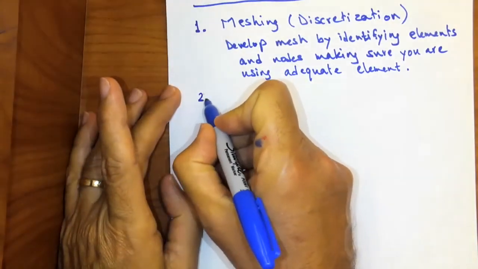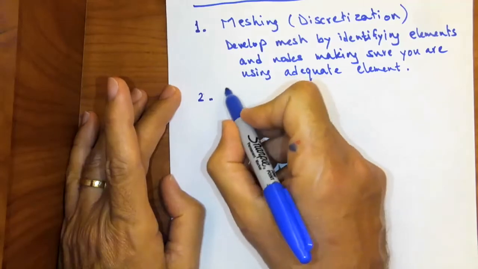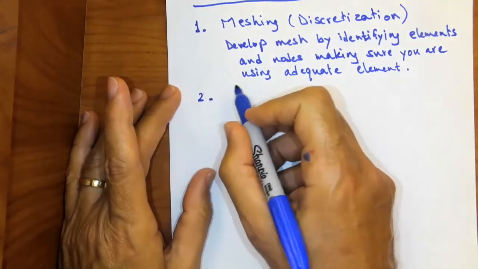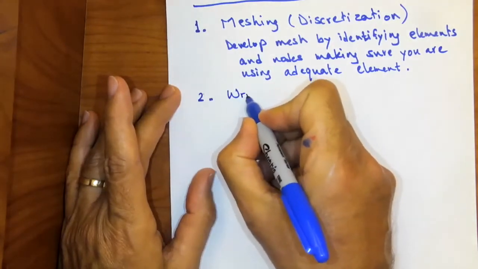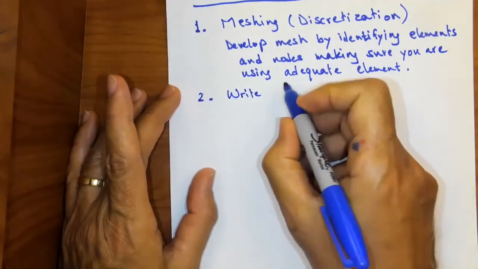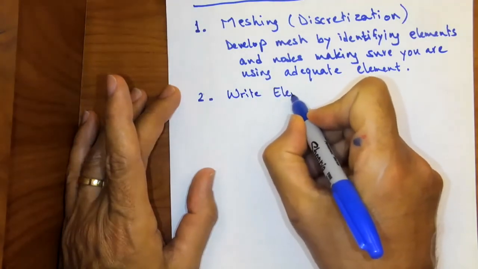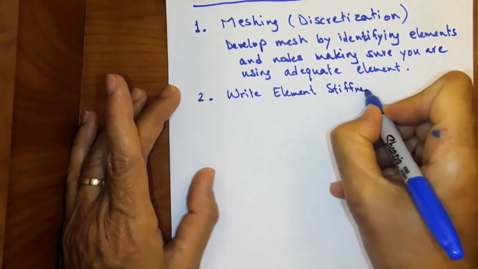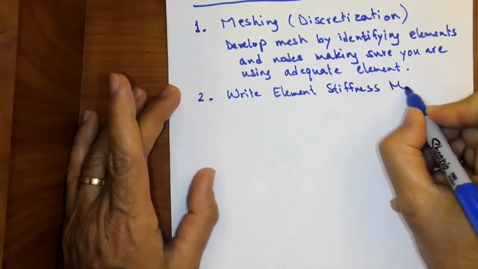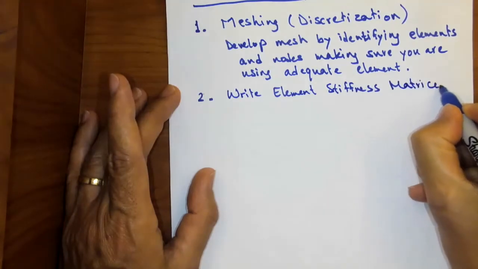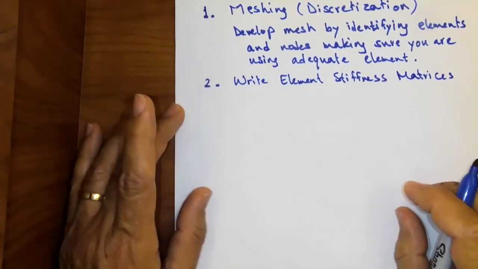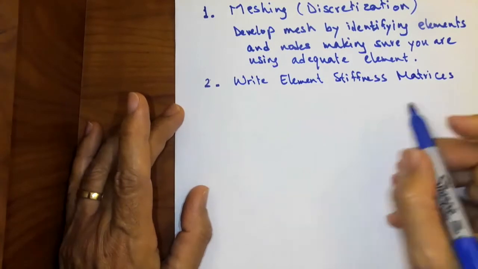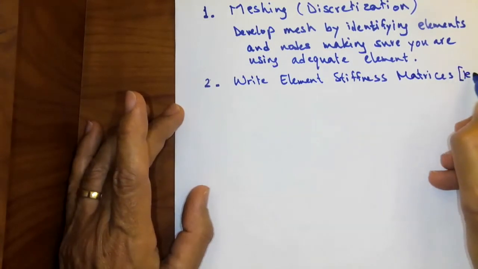So step number two would be to write the element stiffness matrices. These are the lowercase k's, right?